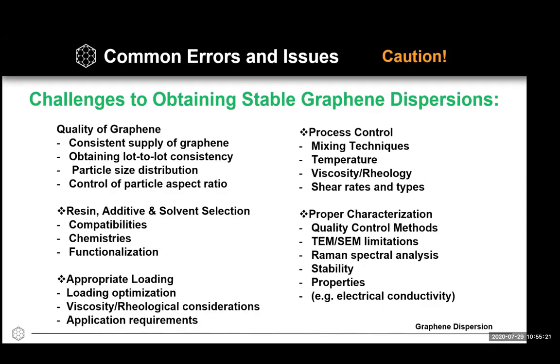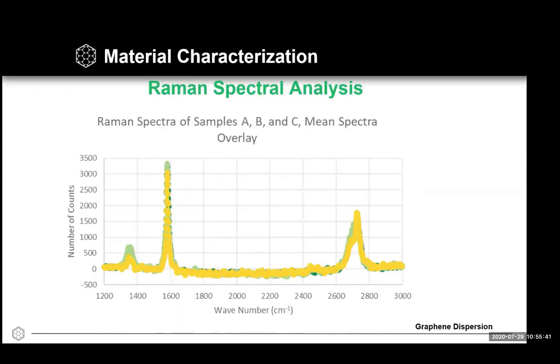In order to do so, you might require some kind of functionalization, or additives, or any kind of surface modification, or some special process or chemistry there. The second one is the appropriate loading.